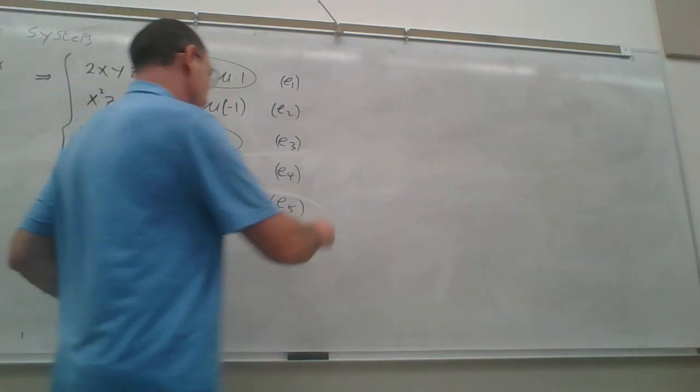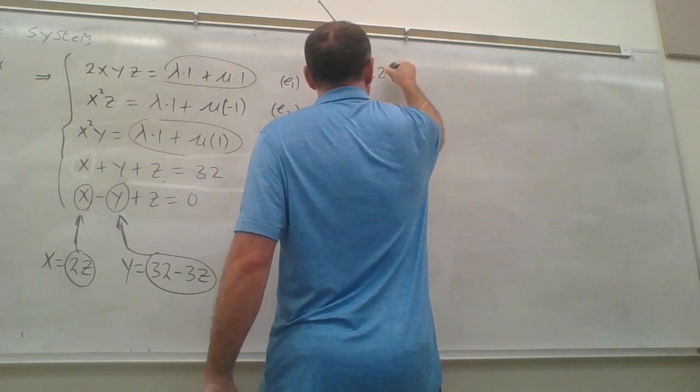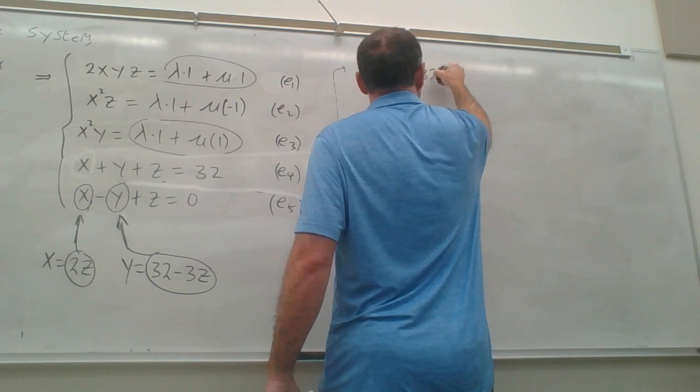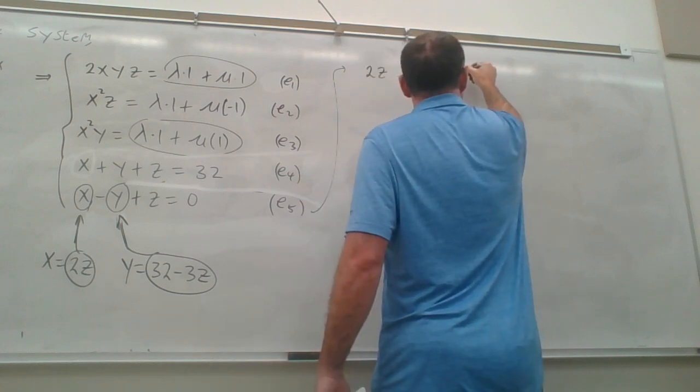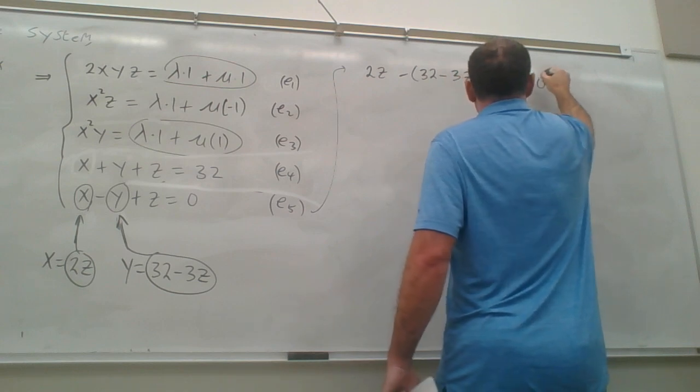So doing that, we get 2z minus (32 minus 3z) plus z equals 0.